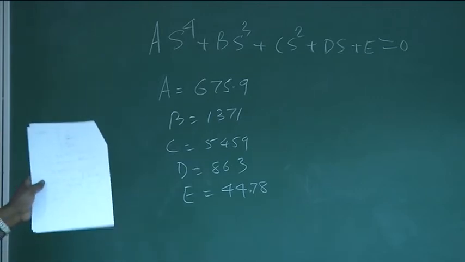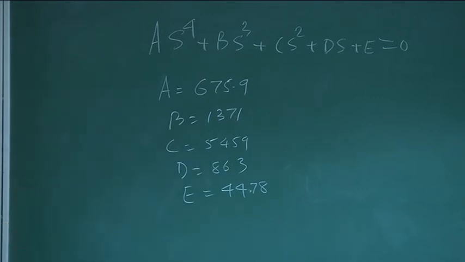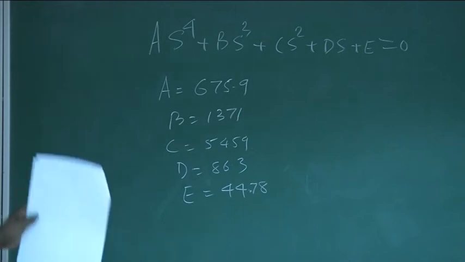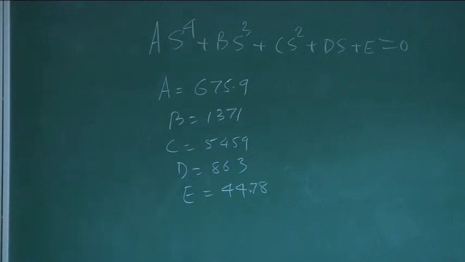At this point, let's talk about the signs. You could see A, B, C, D are all greater than 0. So one of the conditions, or criteria, for stability is satisfied. Okay.